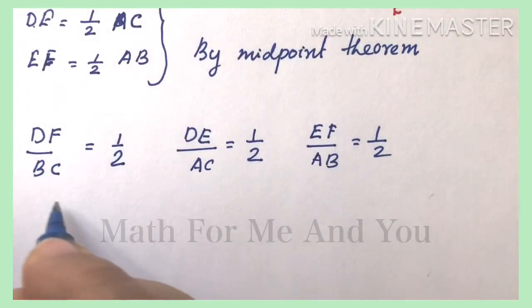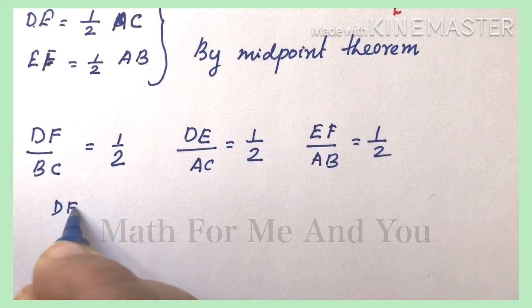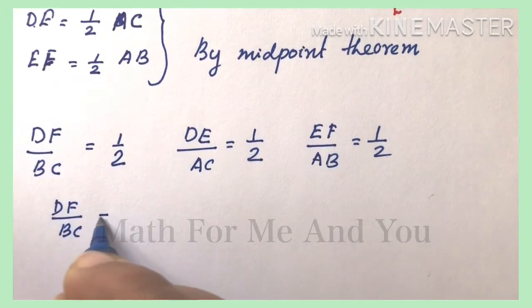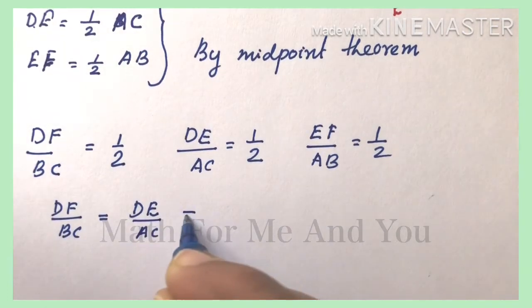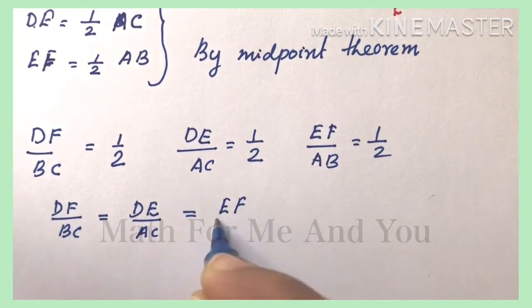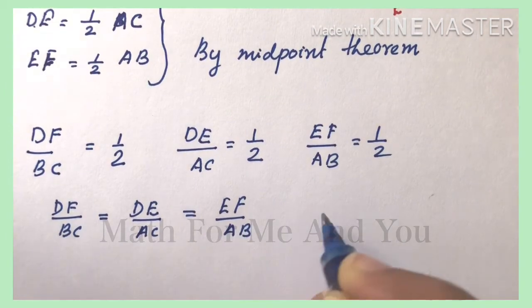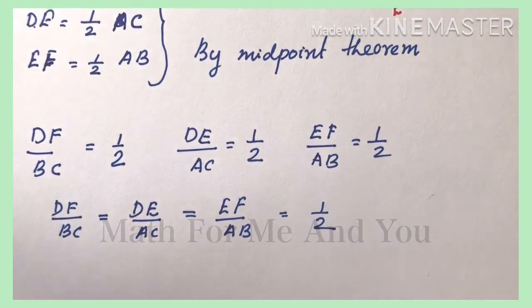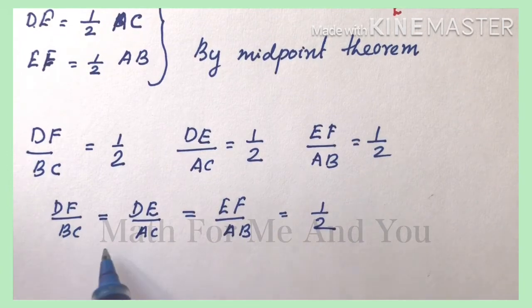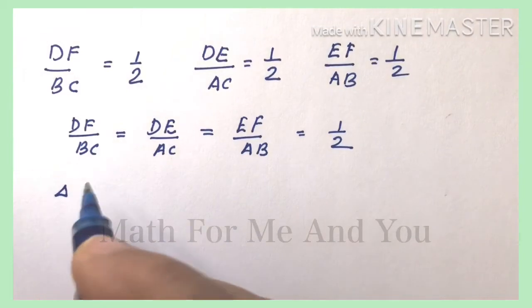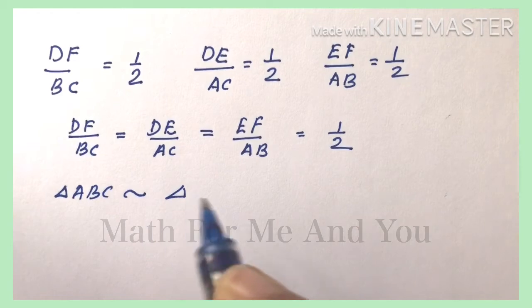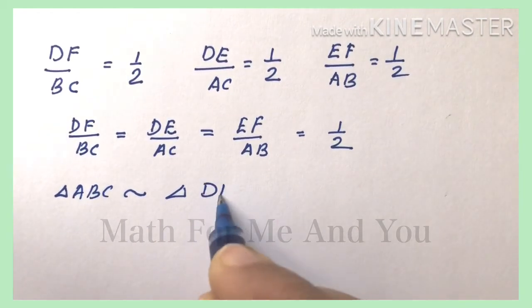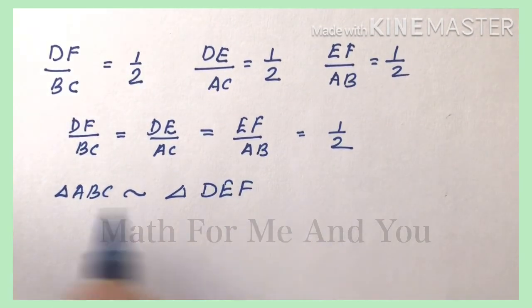That means all these ratios are equal to 1 by 2. So finally we can write these three ratios are the same: DF by BC is equal to DE by AC is equal to EF by AB. This means the corresponding sides ratio is 1 by 2. That means these two triangles are similar. What are the triangles? ABC and the inner triangle DEF.